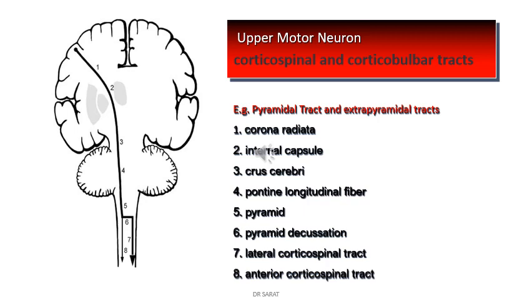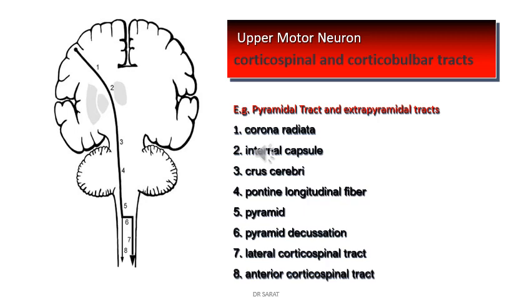It starts from the cerebral cortex, the corona radiata, and comes through the internal capsule, and in the midbrain, the crus cerebri of the midbrain. Then through the pons, pontine longitudinal fibers. Then it comes down to the pyramids of the medulla, that is number 5.